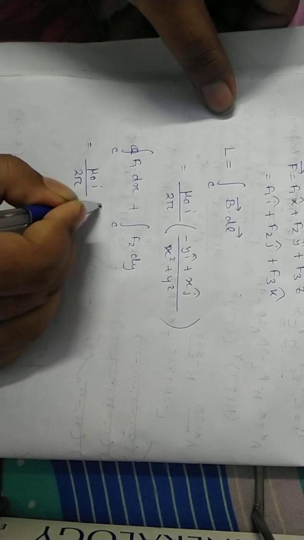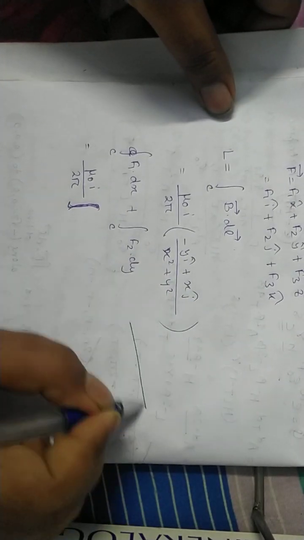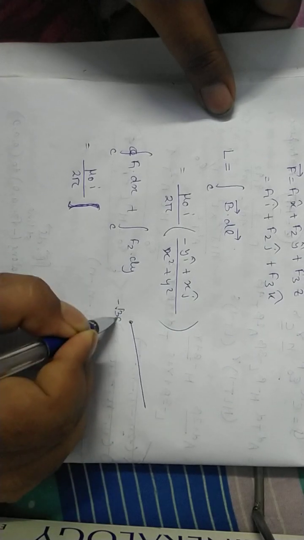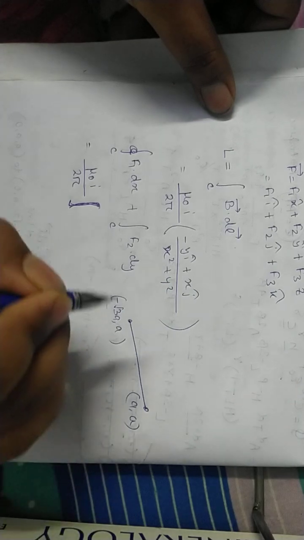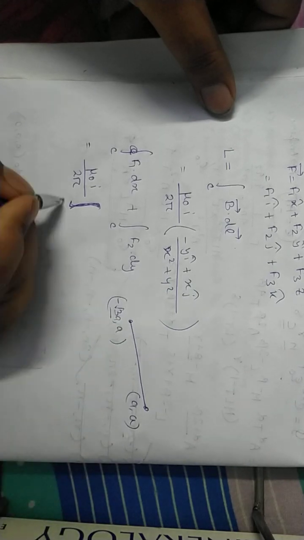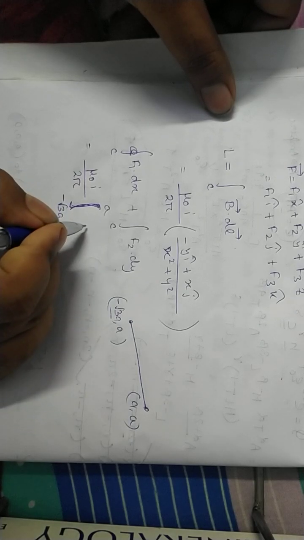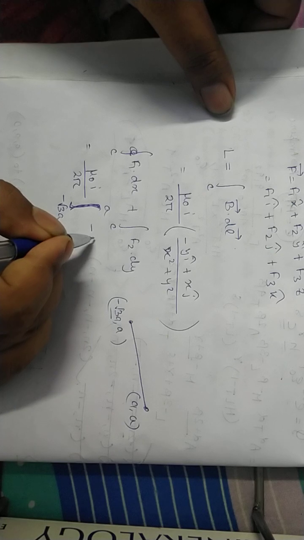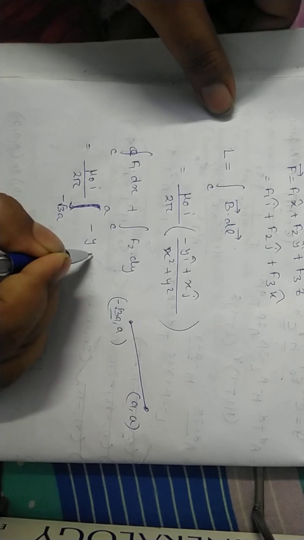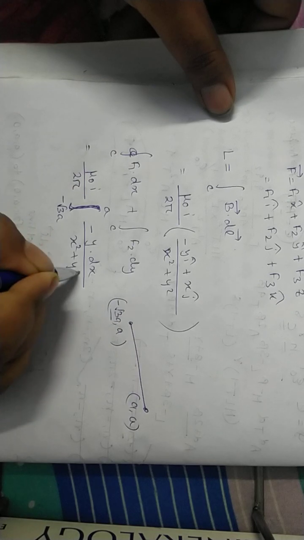We have to integrate along the straight line from minus root 3 a to a comma a. So from minus root 3 a to a, minus y dx by x square plus y square.